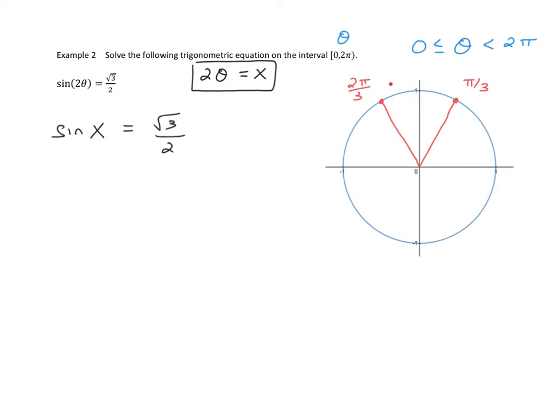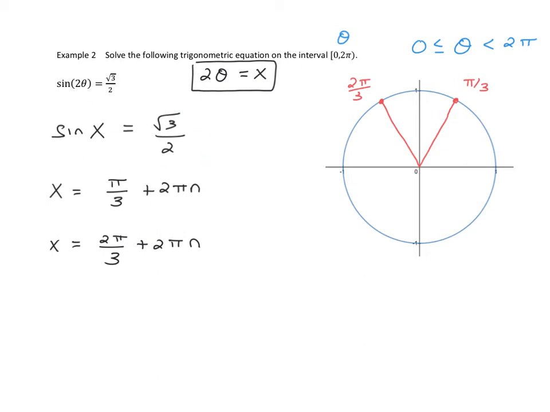These two angles solve this equation. That is, the solutions are x is equal to pi over 3, but also x is equal to 2 pi over 3. But furthermore, you can add any multiple of 2 pi to this as well. So, these are all infinitely many of the solutions to this equation here.